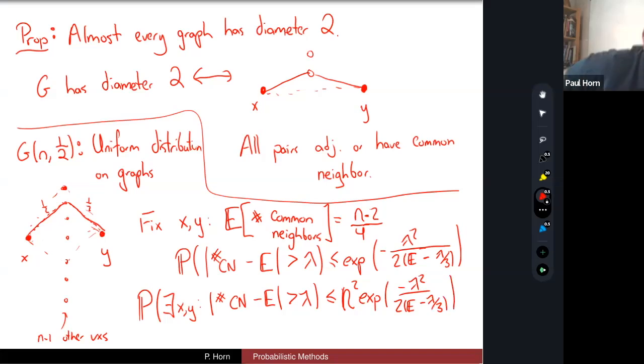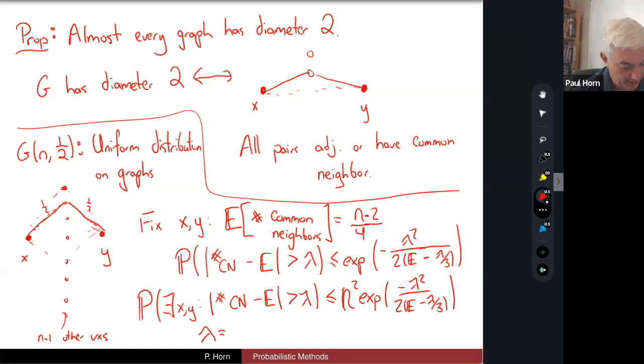And if I pick a lambda that is big enough so that this probability goes to 0, then actually what I've said is that with very high probability, all pairs of vertices will have so many common neighbors. It will be close to their expectation.